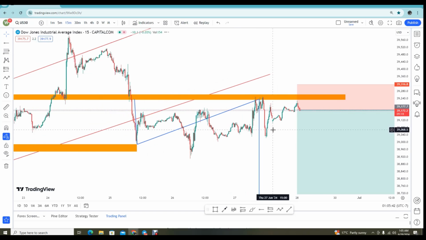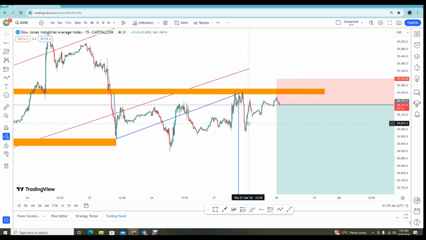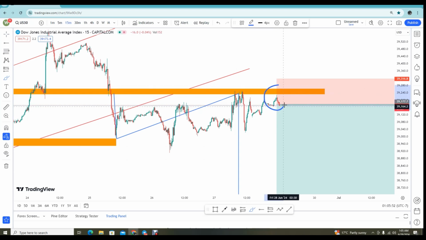So right now I'm going to be waiting for some confirmation candlesticks around this area. Then after the confirmations around this area, it's going to be time to enter the market.